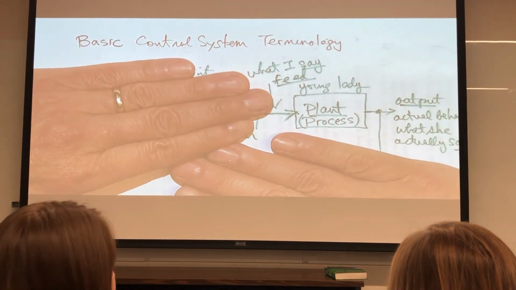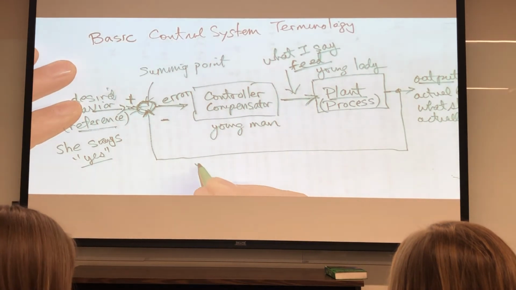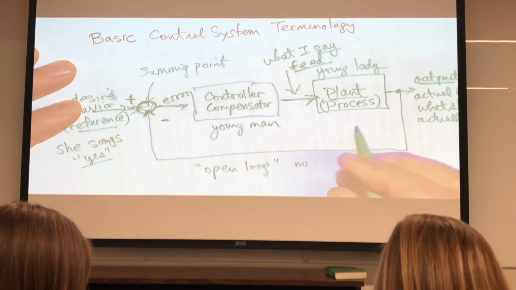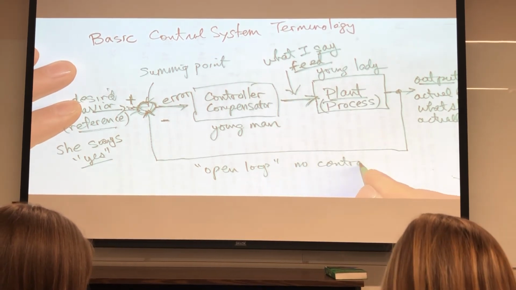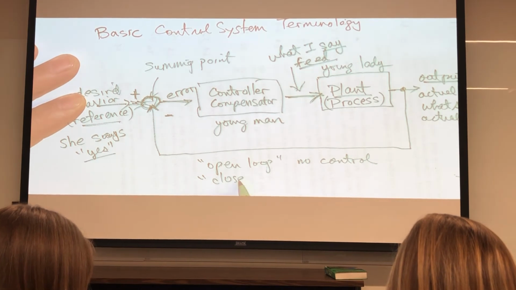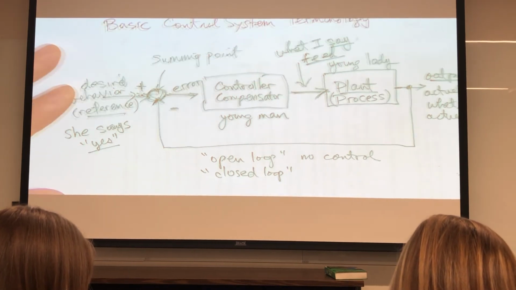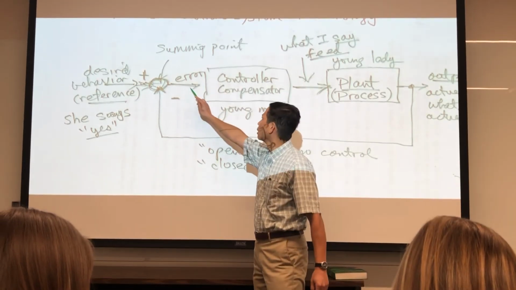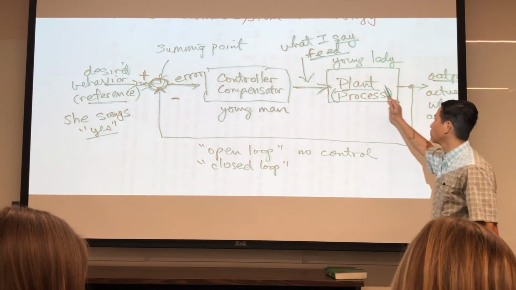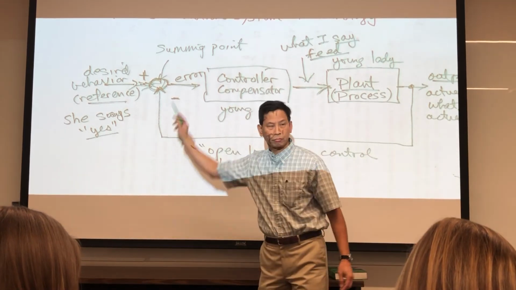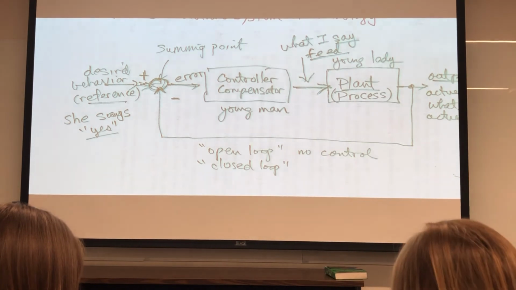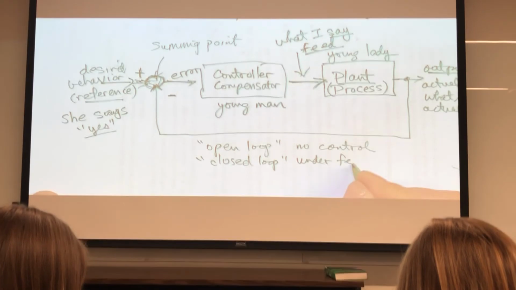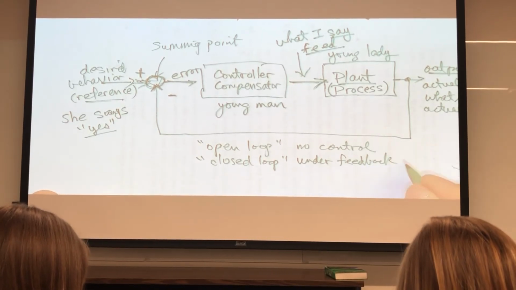So there's the behavior uncontrolled. We call this open loop. We're going to hear this word open loop. Open loop means no control. And then we have this idea of closed loop. You see this picture here? There's a loop here. We see signals. They go along, follow the arrows through systems, they propagate around a loop. And so closed loop means that the system is under feedback action.